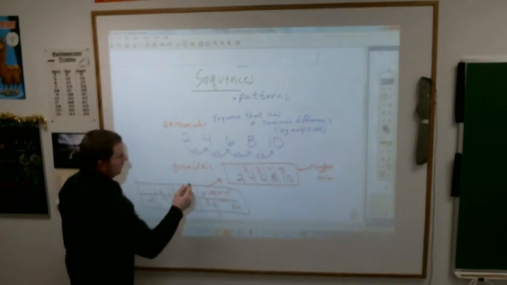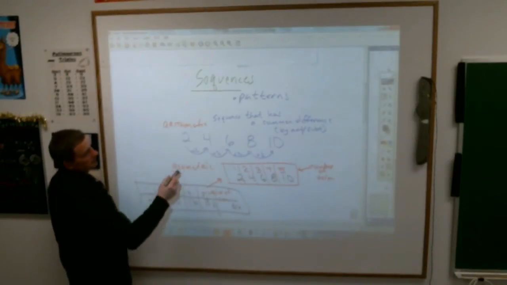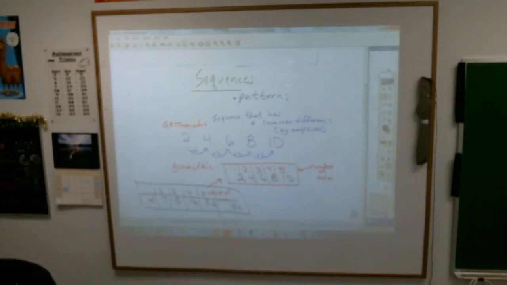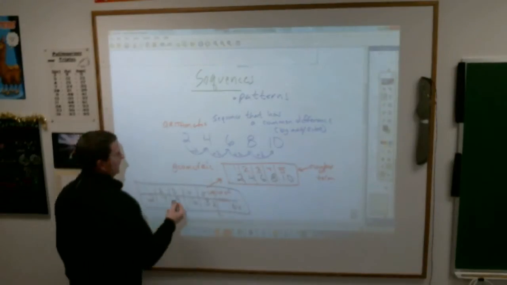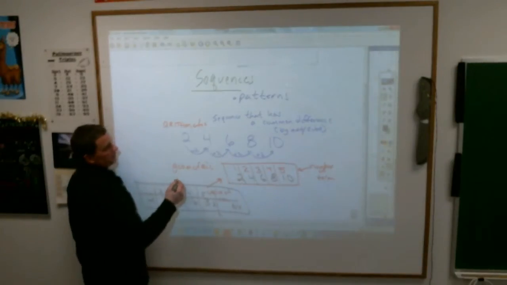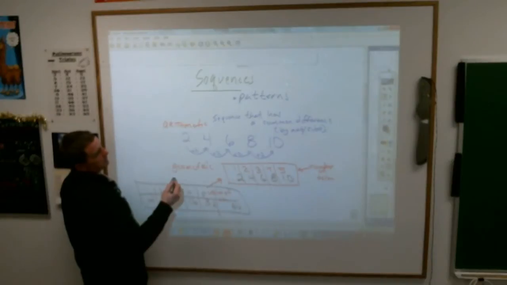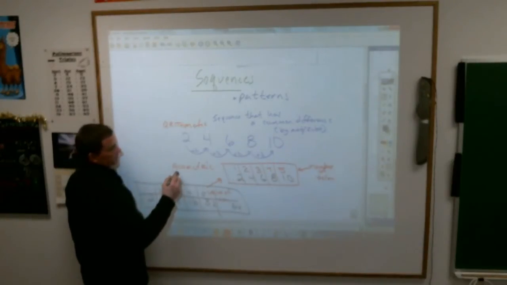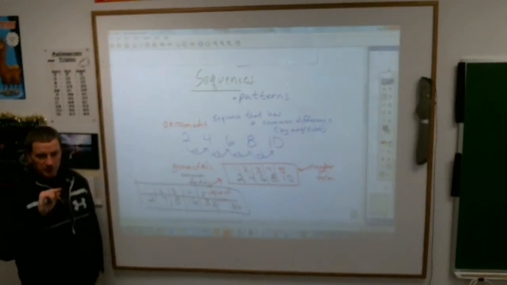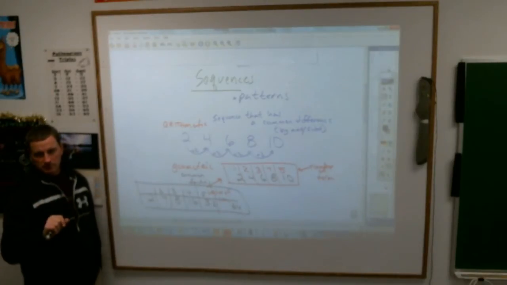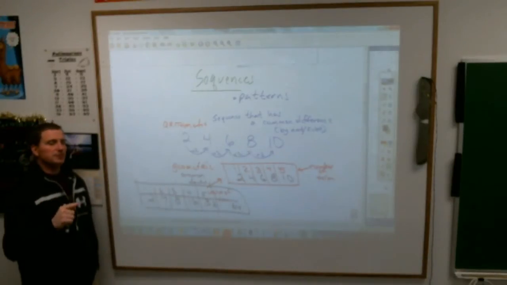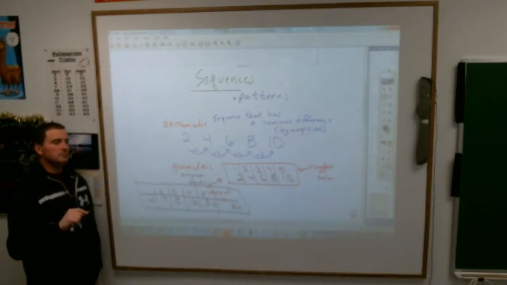Geometric sequences, they say, have a common factor. Now with factors, we always think about multiplication, but we can also get division. Dividing by 2 is the same as doing what in multiplication?